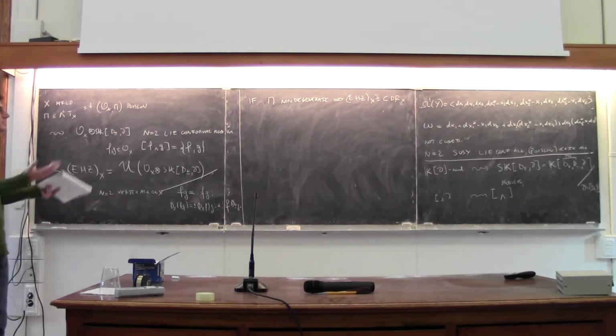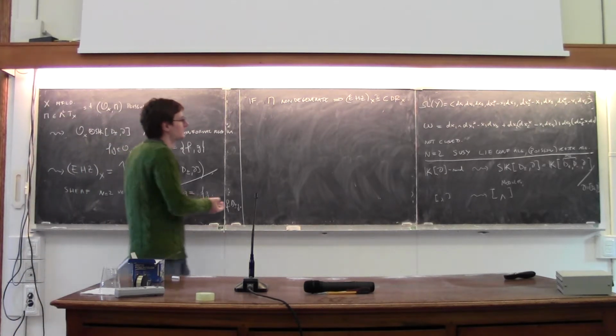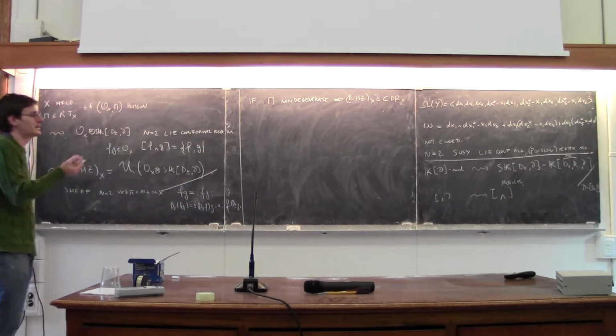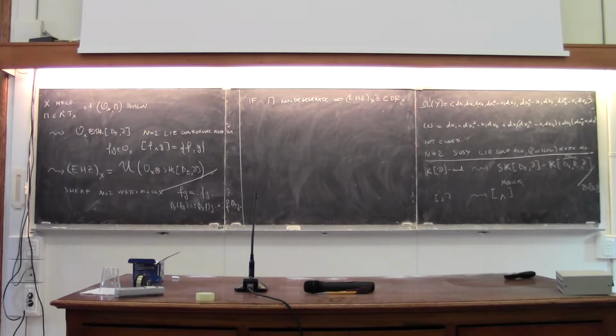So this gives you something for any Poisson structure, but even in the non-degenerate case, where this is isomorphic to the chiral de Rham complex, this approach gives you a way to think about N equals 2 structures on these objects, which is particularly convenient.